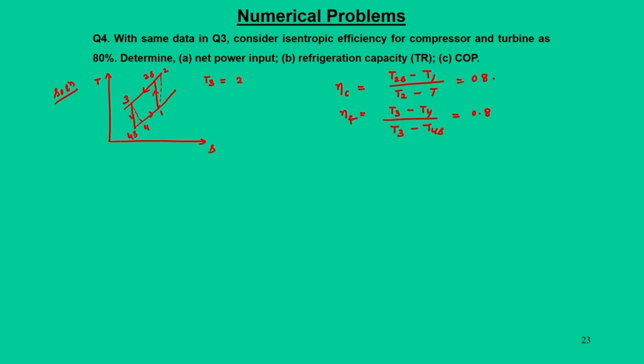We have T3 is 298 Kelvin, T1 is 268 Kelvin, then T2s is equal to 348 Kelvin and T4s is equal to 229.5 Kelvin. Now, we also can calculate T4. By using these equations, we know T3, T4s. So, T4 can be calculated as 243.2 Kelvin.